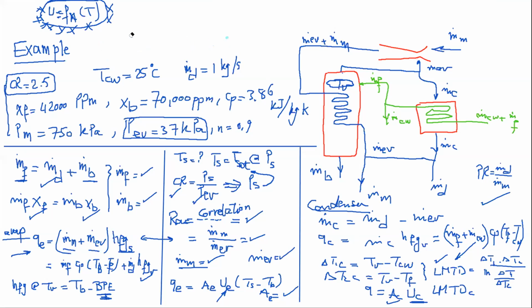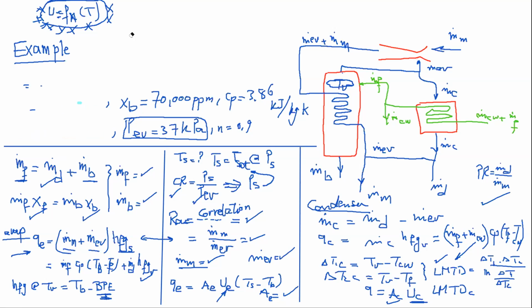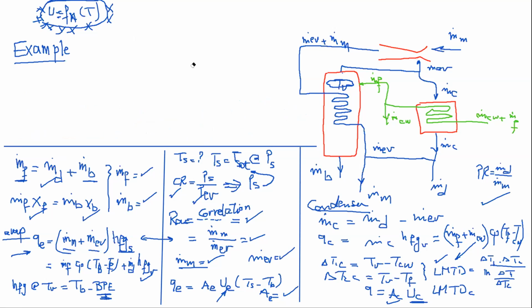So we have already started with one performance parameter, which is nothing more than the performance ratio. We have done that. And the other parameters that would be of interest from this system and from any desalination system once we are doing the analysis is basically, so PR, we calculated it as m dot distillate over m dot motive steam, and specific heat transfer area is area of the evaporator plus area of the condenser divided by m dot distillate.